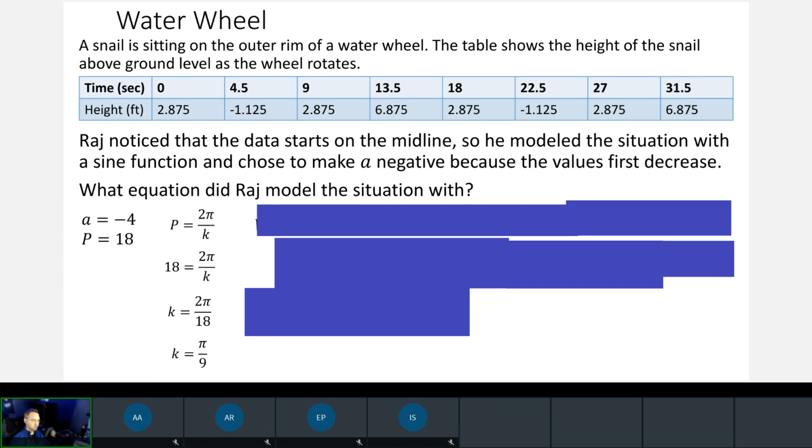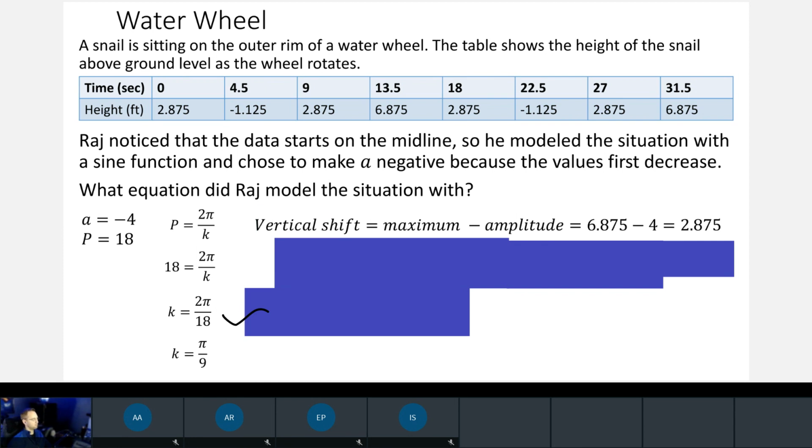I'm going to give you a hint. I gave you that page of formulas with some good info. The max minus the amplitude, right? Yeah, so that's one of the formulas. So what does that give us? So you plug that in, you work it out. What's the answer for vertical shift? So the height is 2.875. That sounds kind of right, I think.